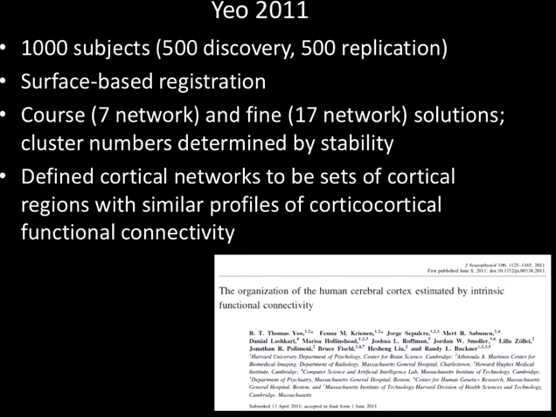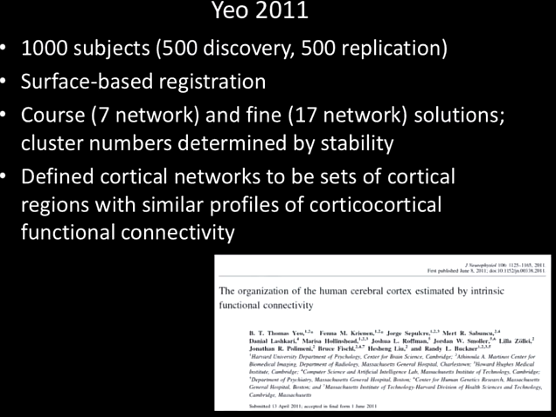It used surface-based registration, and in the final paper there was a coarse and a more fine-grained parcellation, one with 7 whole brain networks and one with 17 networks. They used a stability measure to decide on the number of clusters, and they define cortical networks as sets of regions with similar profiles of cortical functional connectivity.